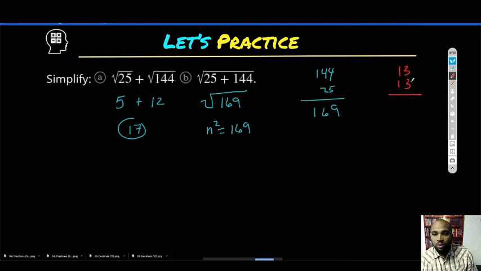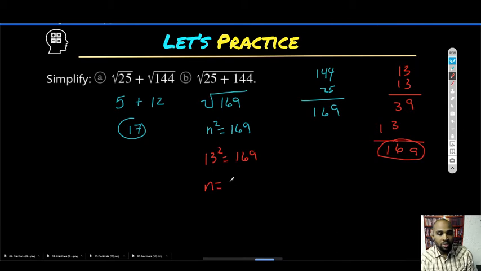Let me double check that. 3 times 3 is 9. It's 3, 3, 1. 9, 6, 1. So 169. So if I took 13 and squared it, that will give me 169. So my n for this one will be just 13. So the square root of all this would equal 13.